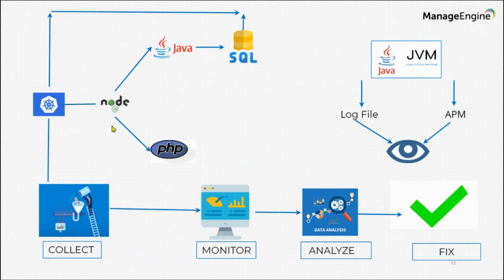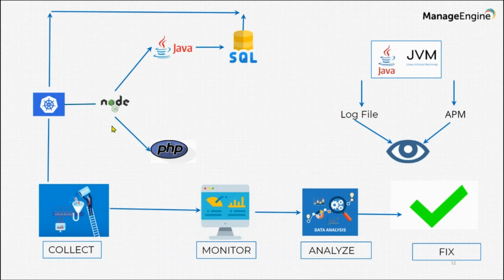Now consider the modern approach on the left-hand side, wherein you have deployed a Kubernetes cluster and there are multiple nodes. One node is for Node.js and multiple pods are associated to that as well. One node is Node.js, another is PHP, another is Java, and another node is for SQL.